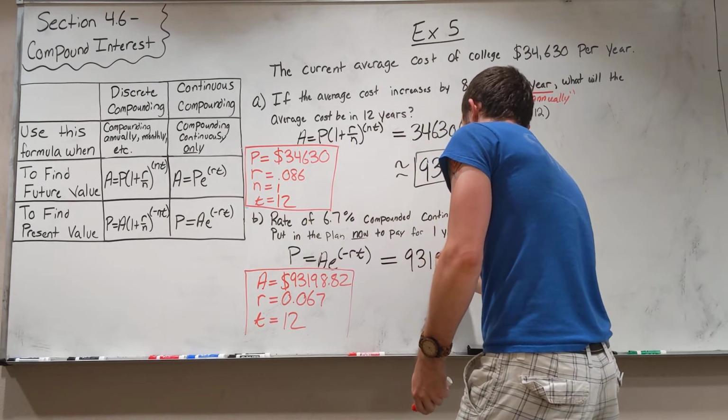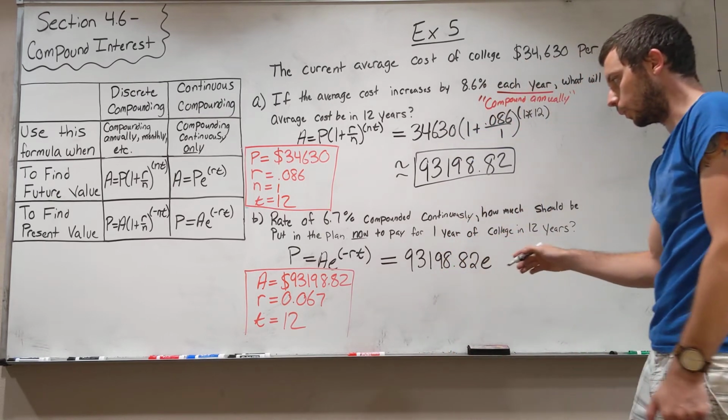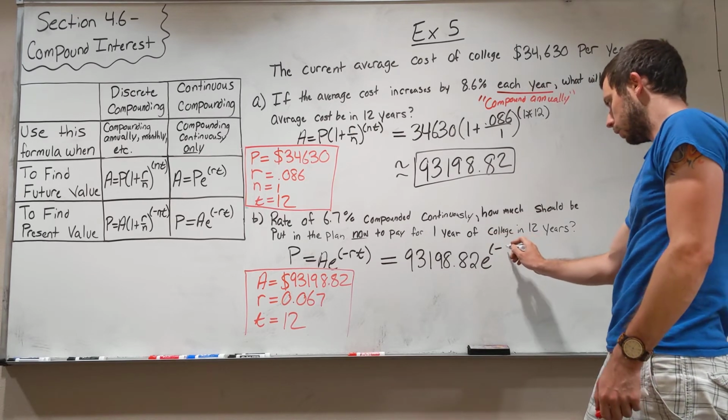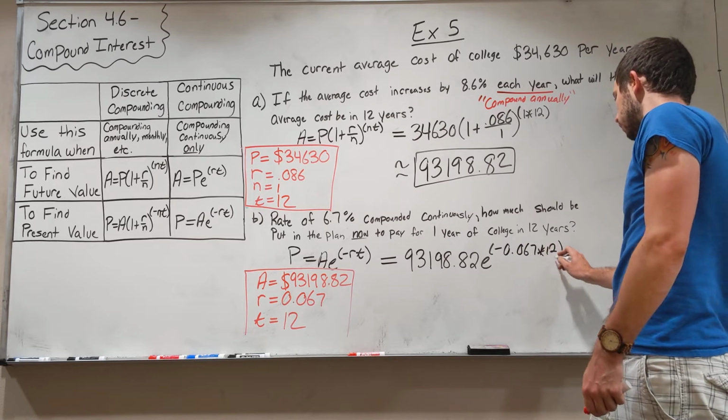So 93,198.82. E is still E. Open parentheses, don't forget the negative. 0.067 times 12.